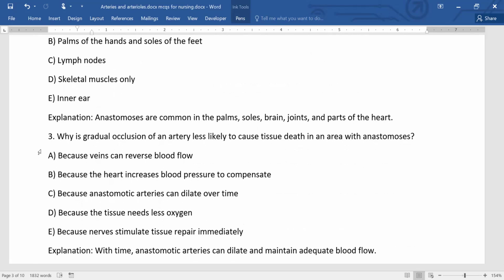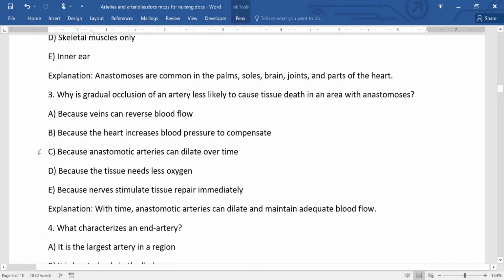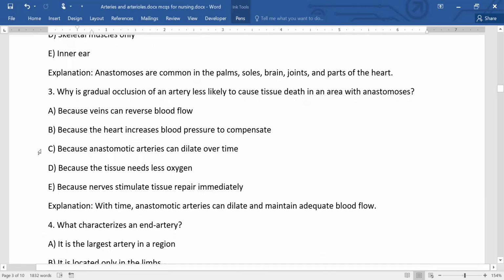Because veins can reverse blood flow, because the heart increases blood pressure to compensate, because anastomotic arteries can dilate over time, because the tissue needs less oxygen, because nerves stimulate tissue repair immediately. So this is because with time anastomotic arteries can dilate and maintain adequate blood flow.